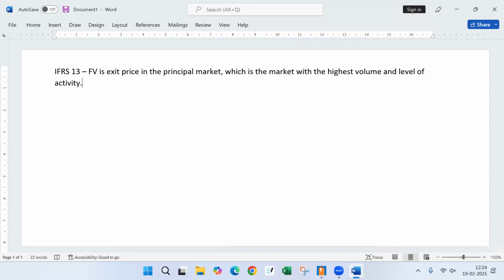I'll give you three states: Kerala, Rajasthan, and Tamil Nadu. Which state will have the highest demand for this machinery?